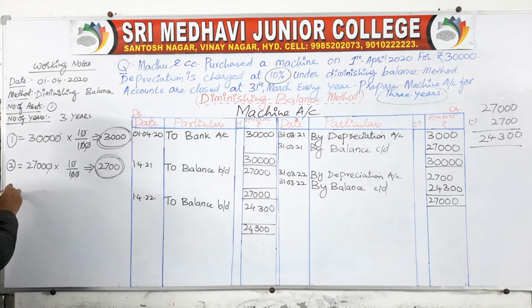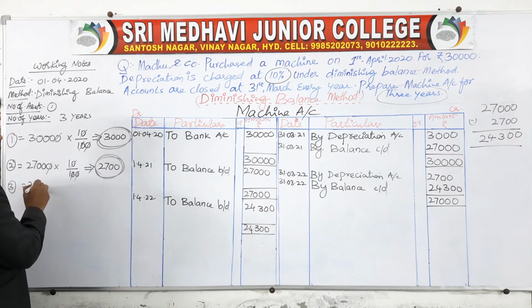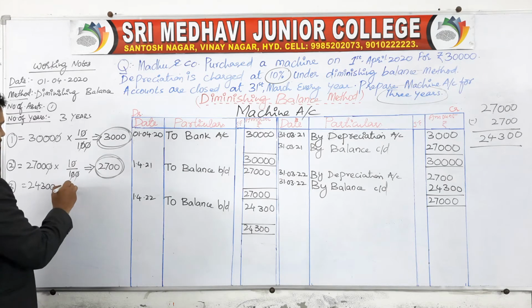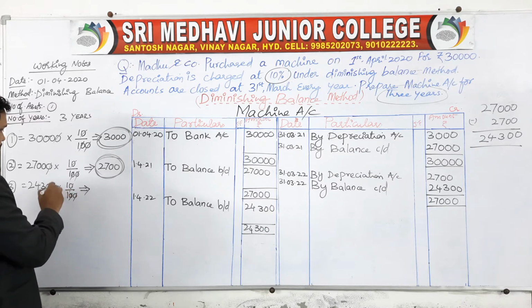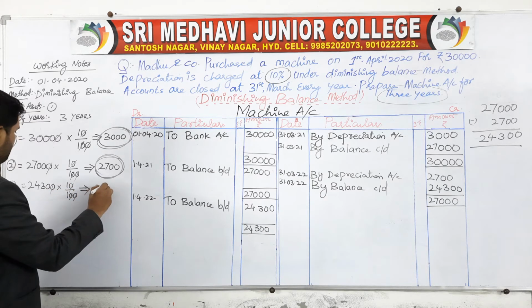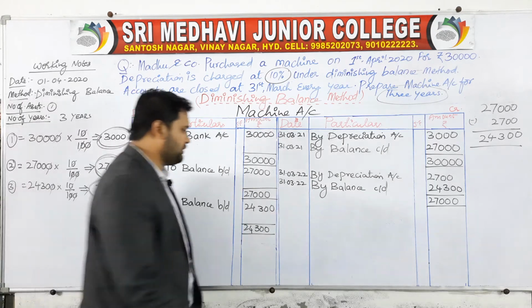How are you going to calculate the third year depreciation? Take that amount, 24,300, and again calculate 10% on it. 10 divided by 100, zeros cancel. 2,430 is the third year depreciation.